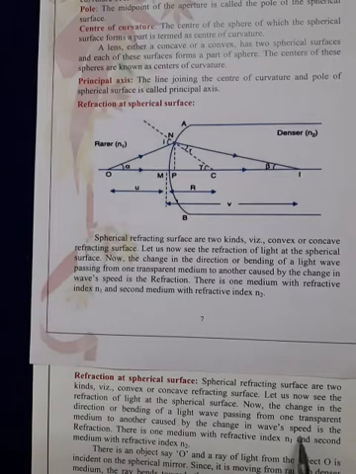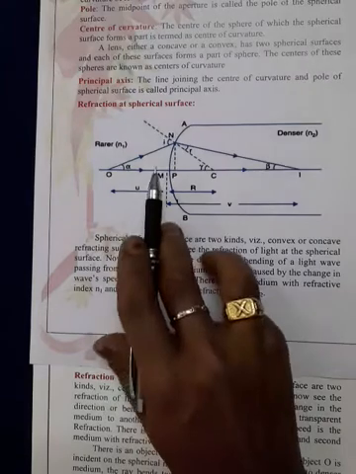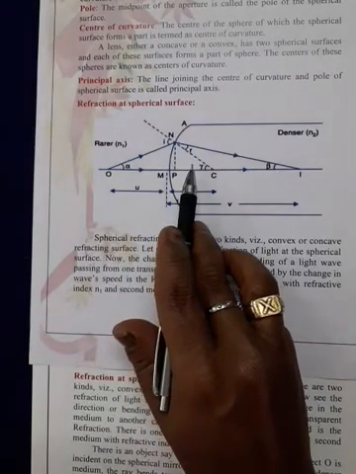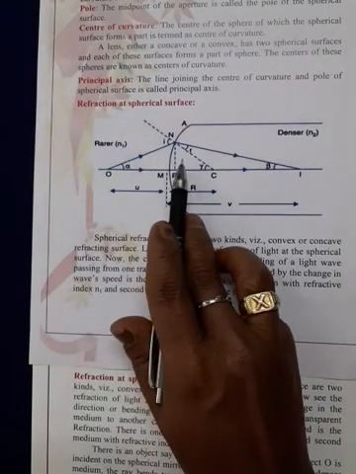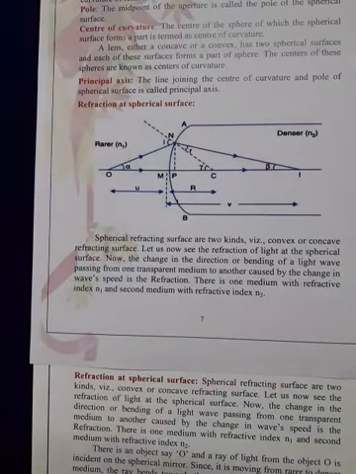Because the light is now traveling from one transparent medium to another transparent medium with two different refractive indexes. Here the refractive index changes, so the speed of light changes, and that is known as refraction.